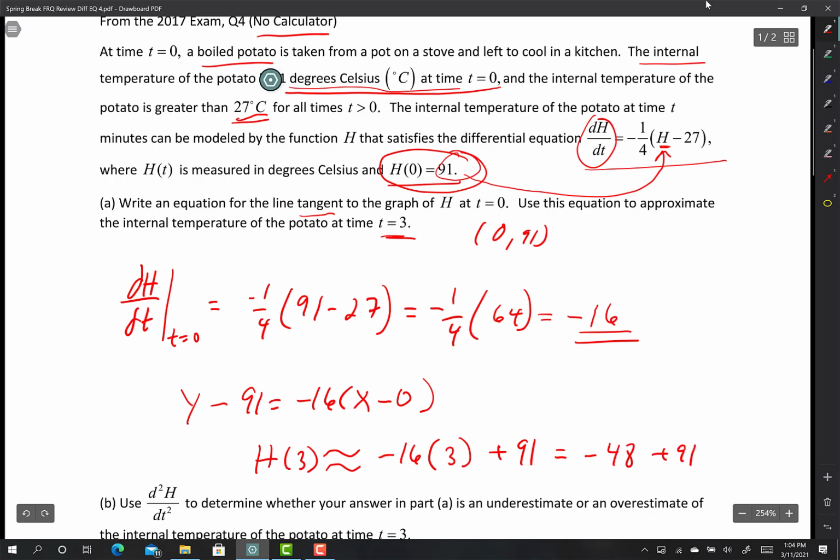No, positive. 91 is bigger than 48. Counting up from 48: 58, 68, 78, 88, 89, 90, 91. Yeah, we're correct, guys. The answer is 43.